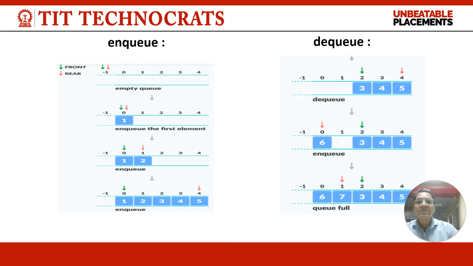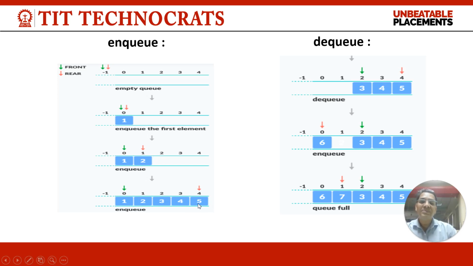Here the array representation of enqueue and dequeue operations is shown. Initially front is equal to 0, rear is equal to 0, and the queue is empty. We can insert elements one by one from the first position to the last position.